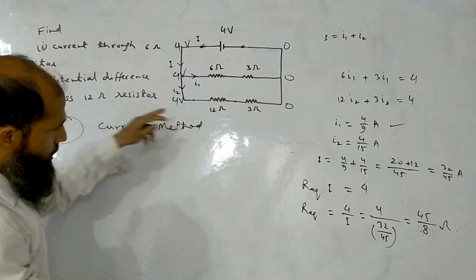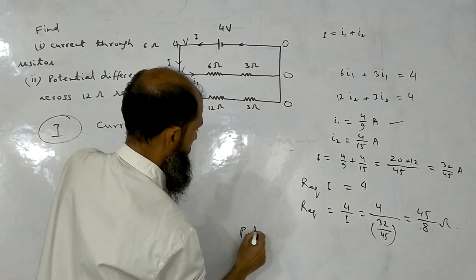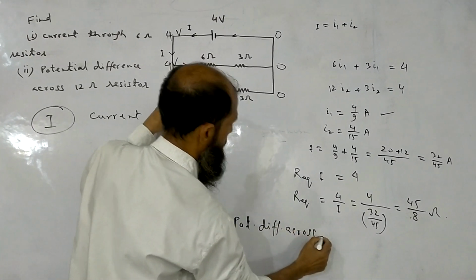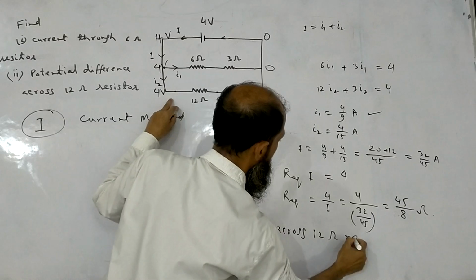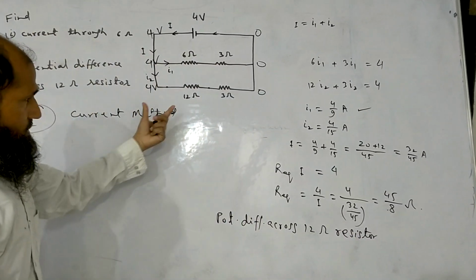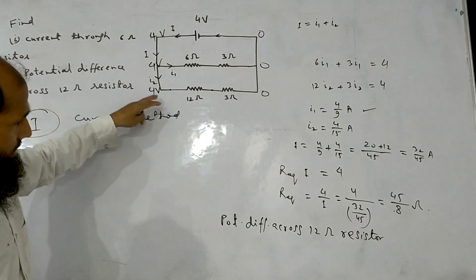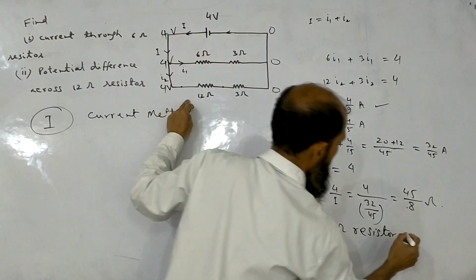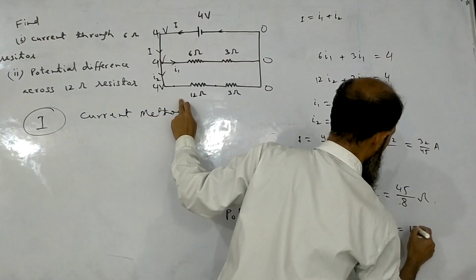Potential difference across 12 ohm resistor will be equal to I into R. Current through this one is I2. So this will be equal to 12 into I2.